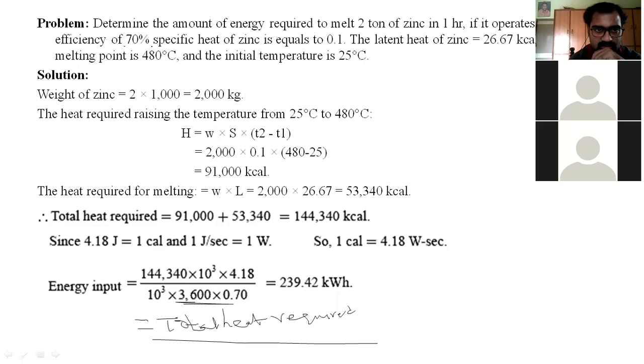The efficiency is 70%, that is 0.70. By placing this, here we have kilocalories.